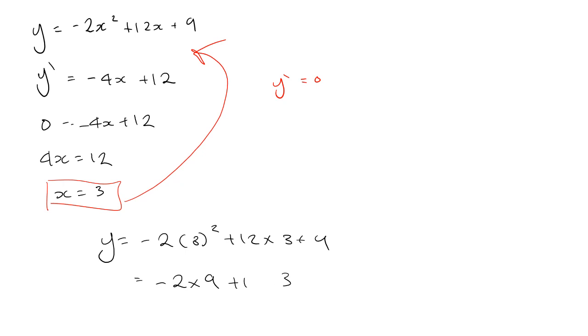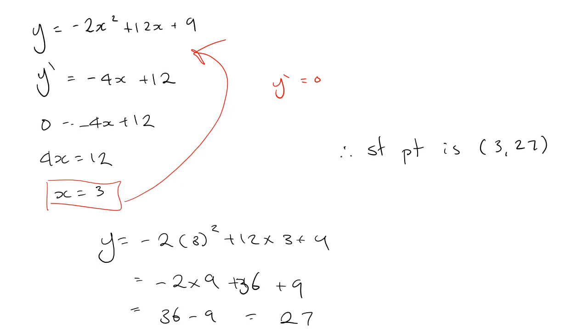So 36 minus 18 plus 9, which is equal to 27. Therefore, we can conclude that the stationary point of y equals negative 2x squared plus 12x plus 9 is (3, 27). So that's basically how you find a stationary point on the curve.